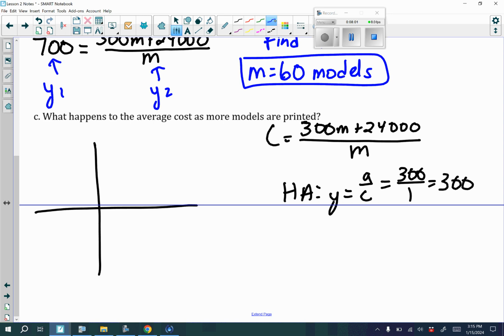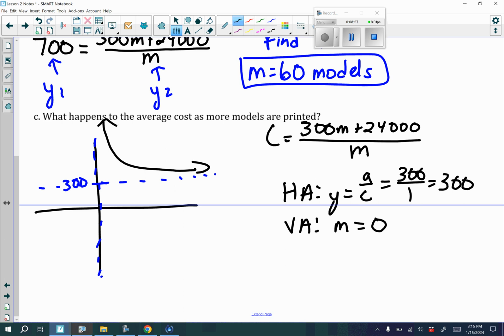So let's just say this is 300 right here. So we got a horizontal asymptote, okay? For the vertical, remember, we set the denominator equal to 0. Okay, well, it's just 0. So basically, our graph is going to go something like this, okay?